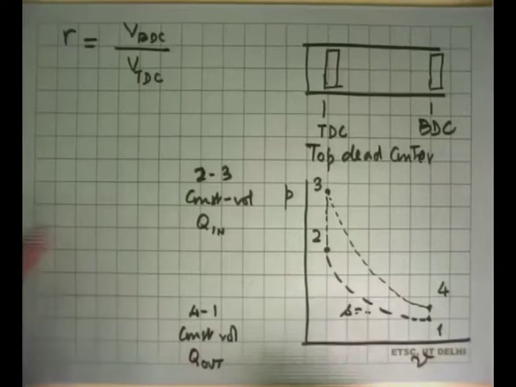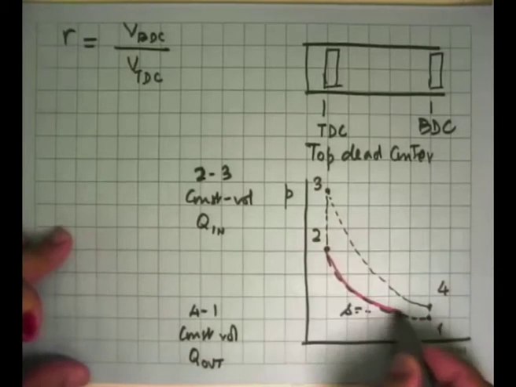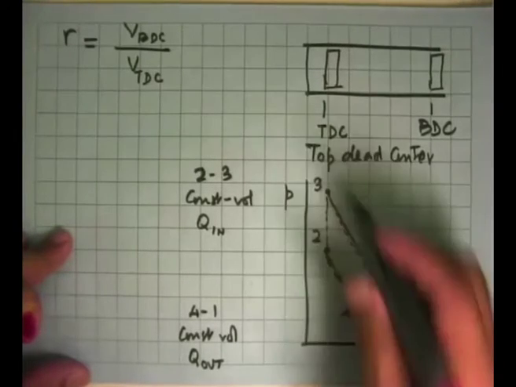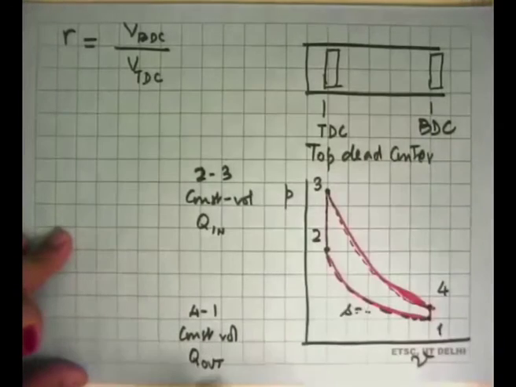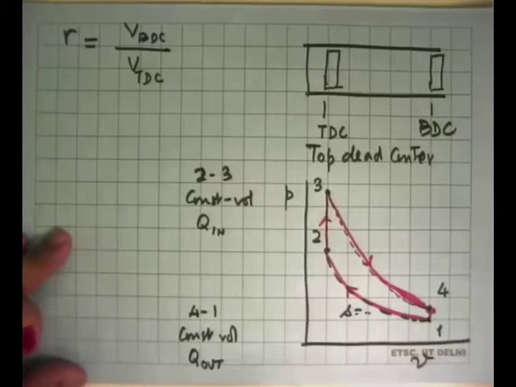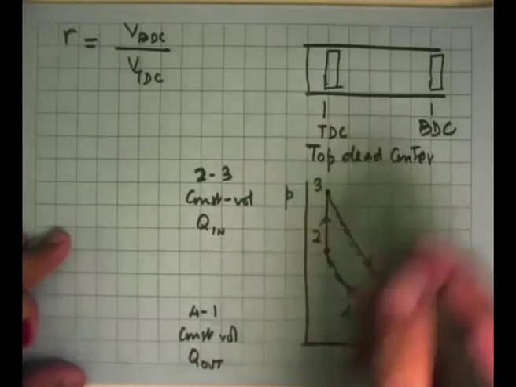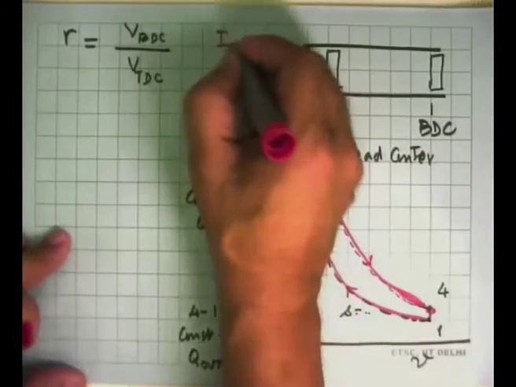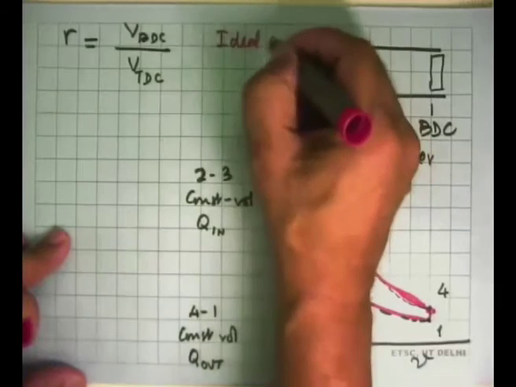Whatever the substance inside this, in all these cycles we assume that substance is an ideal gas.